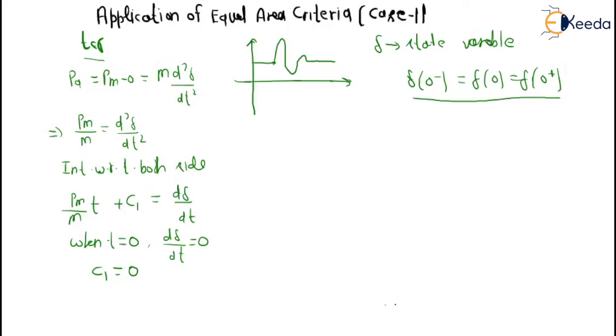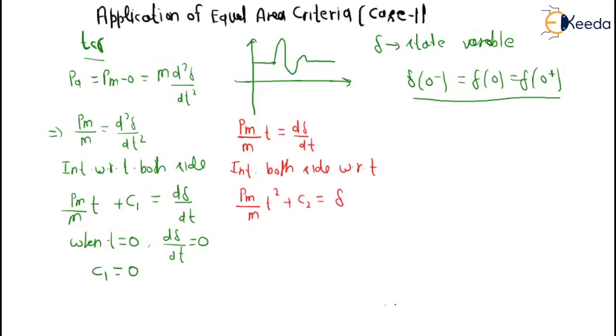Now we have the equation Pm upon M into t is equal to d del by dt. So now once again integrating both sides with respect to t, what we get is Pm upon M t square plus C2 is equal to del.